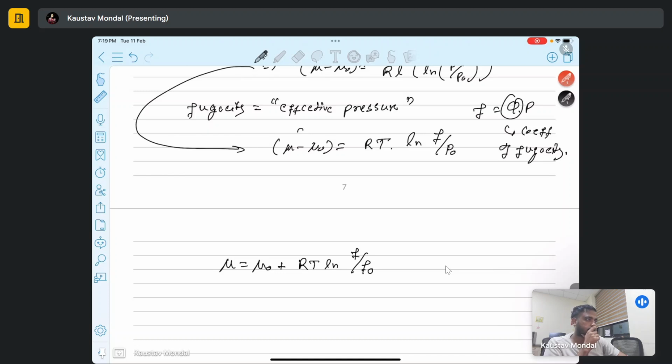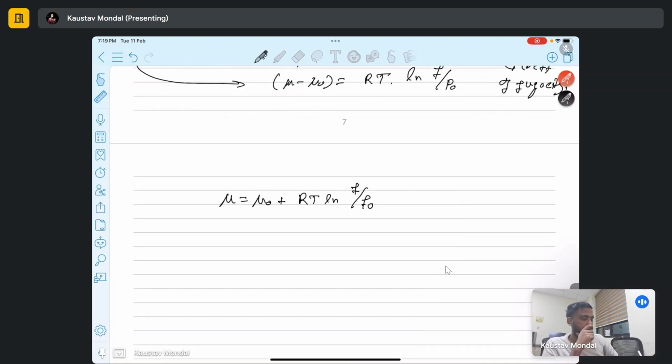Now in the question, the volume is decreased from the initial volume. There is a change in volume. Okay, so let me just write. Mu 0 at T equal to 300, here we can consider mu 0 as 10 kilocalorie per mole, that is standard at T equal to 300.